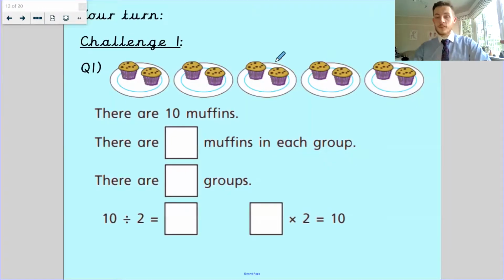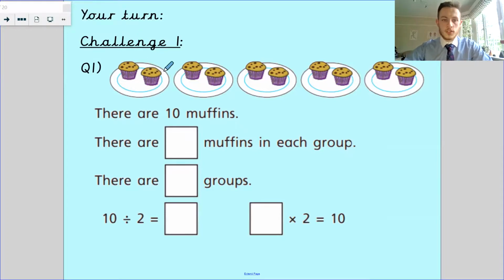Right. I think it's time for your turn now. So here you go. Challenge 1. You've got 1, 2, 3, 4, 5, 6, 7, 8, 9, 10 muffins. That's your total. There are how many muffins in each group? Remember, the groups are the plates. 1, 2, 3, 4.